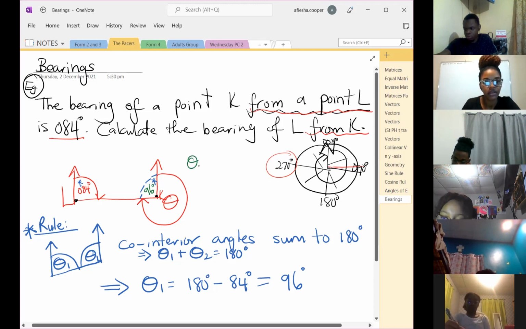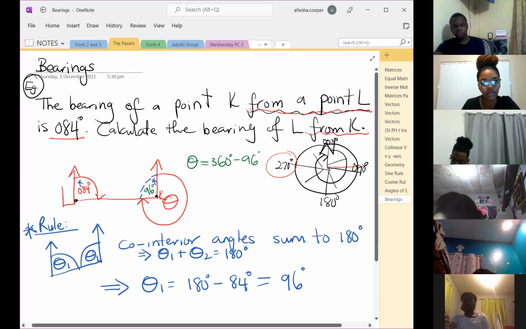So theta will be equal to 360 degrees minus 96 degrees, which is how much? Come on. It's 264 degrees. Any questions here?